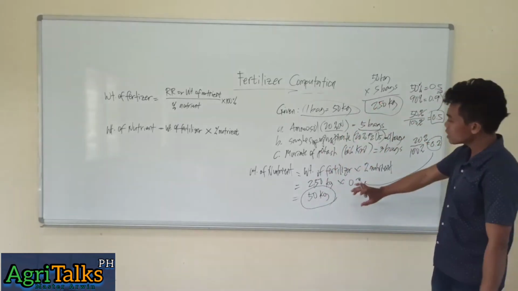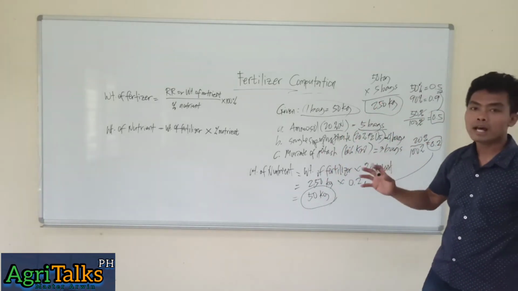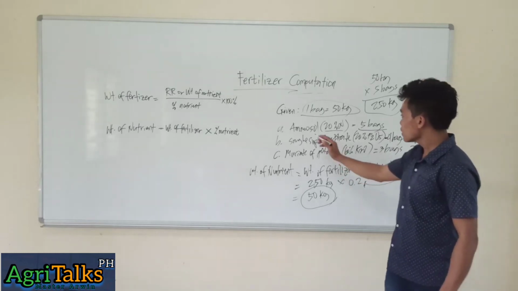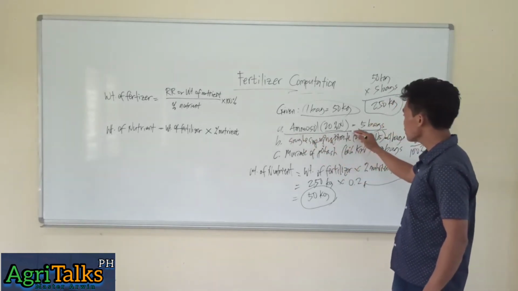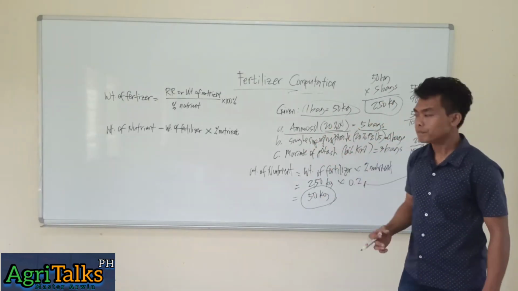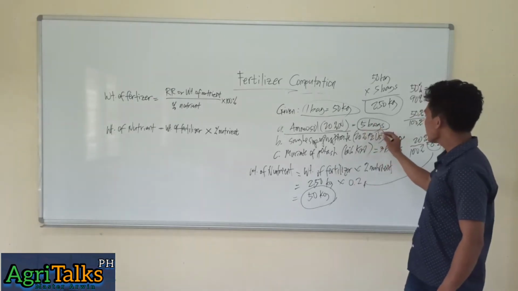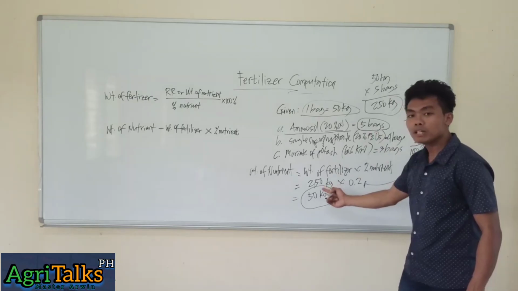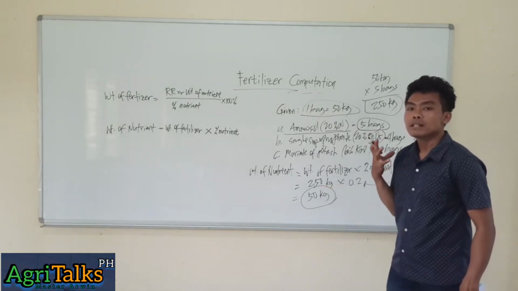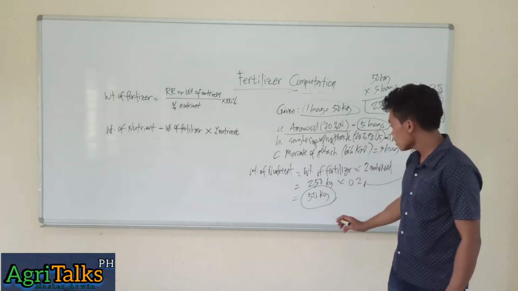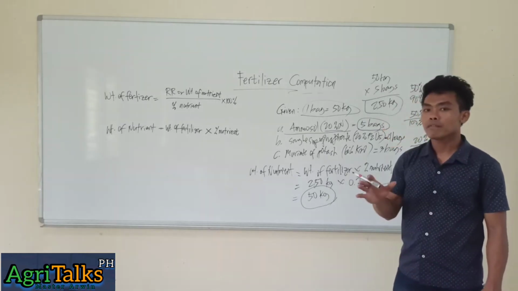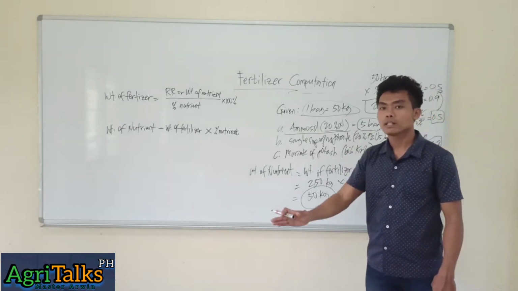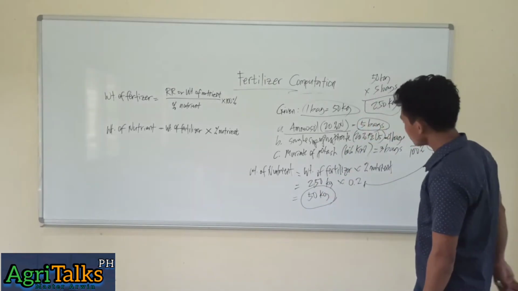This means that if you apply this fertilizer, ammonium sulfate, in the soil, having a weight of 5 bags or 250 kilograms, you also apply 50 kilograms of nitrogen to the soil.